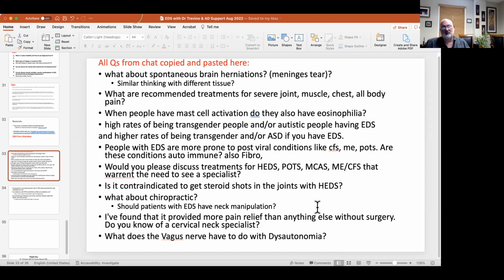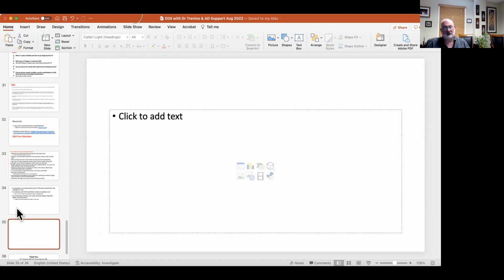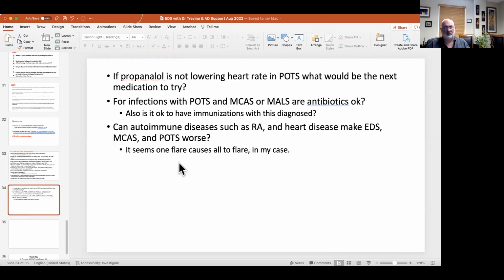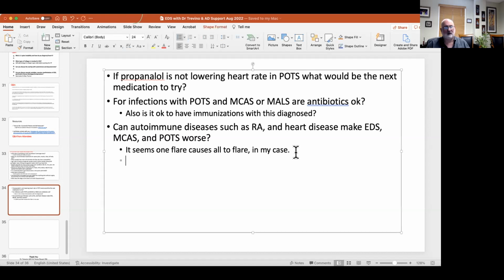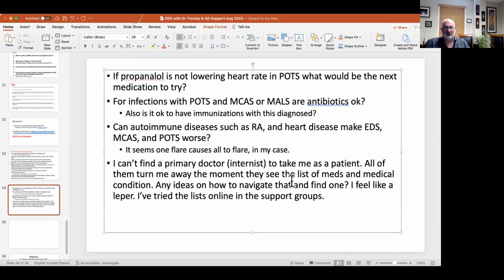If you have EDS, my guess would be yes, it's similar thinking with different tissue. Your tissues are fragile, and you can have spontaneous disc herniations, spontaneous tears, spontaneous spinal fluid leaks.